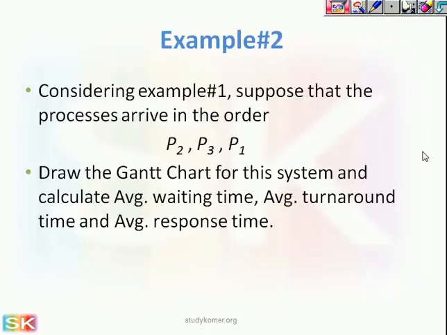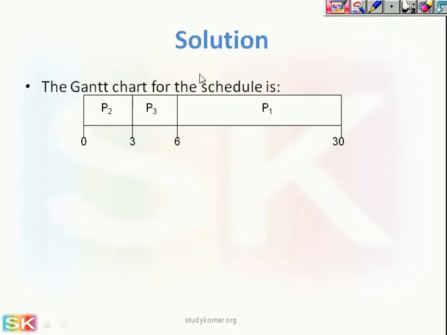And their order is P2, P3, P1. So first of all, P2 will be executed for 3 seconds, 0 to 3. Then P3 will be executed for 3 seconds, 3 to 6. And then P1 is executed for 24 seconds. So from 6 to 30, right?